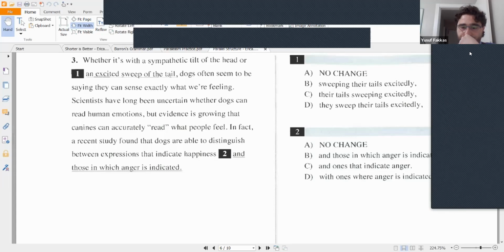Samir, what about the second question? They say, in fact, a recent study found that dogs are able to distinguish between expressions that indicate happiness and those in which anger is indicated. Samir, is there a problem in the underlined part or not?